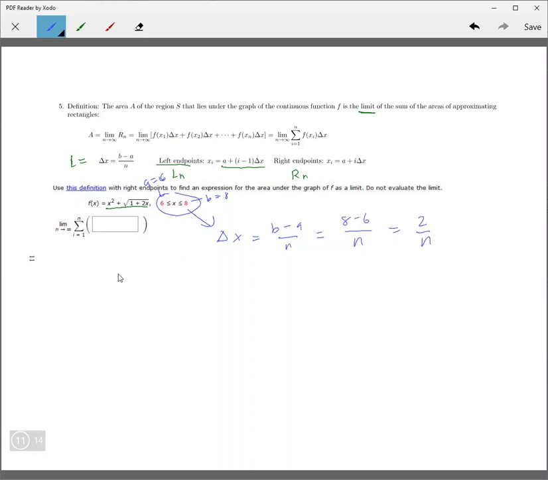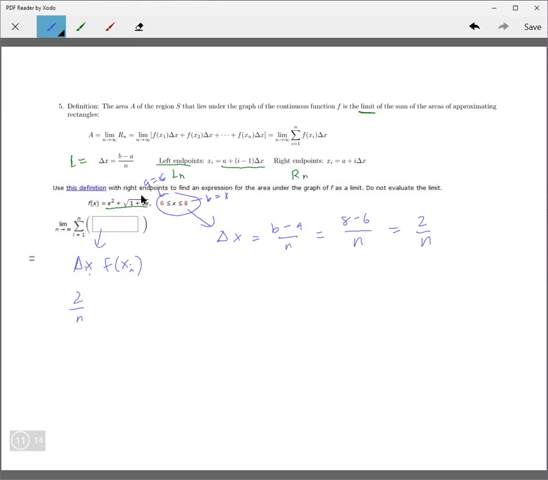So there's going to be that delta x right there, 2 over n. So basically, it's the sum of delta x times f of xi, as i ranges from 1 to n. So this is going to be 2 over n, and then f of xi.